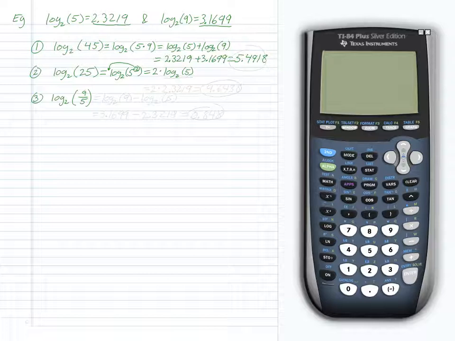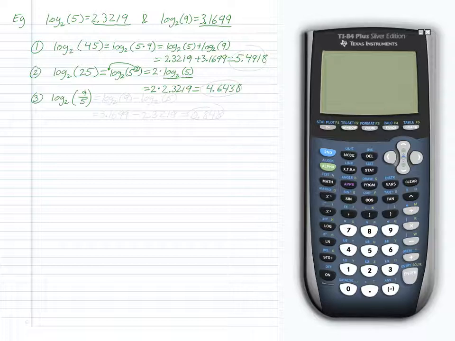Again, since I already know what log base 2 of 5 is, I can substitute its value in and perform that calculation, arriving at the value of 4.6438.